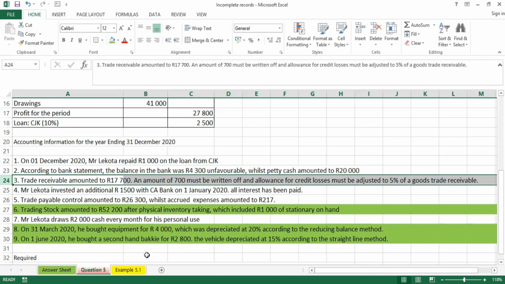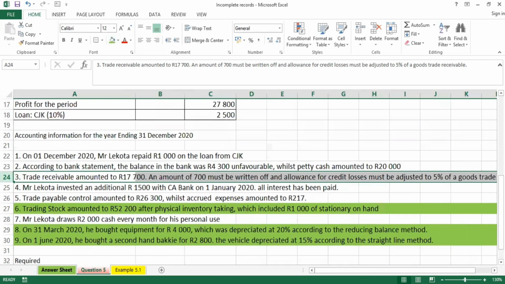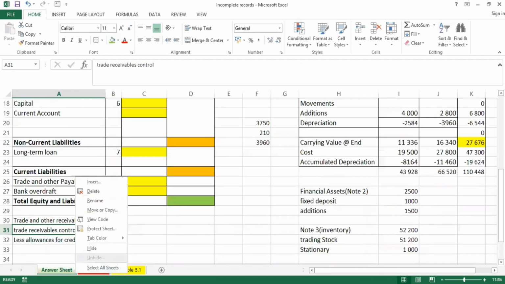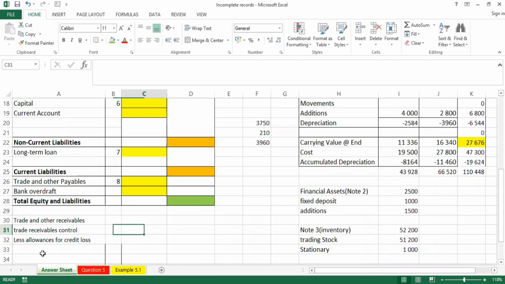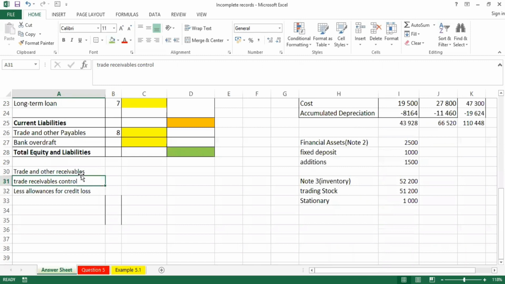So let's write that before we forget. Our trade receivable control, let's call this 2. In brackets, we say 17,700 minus that 700.